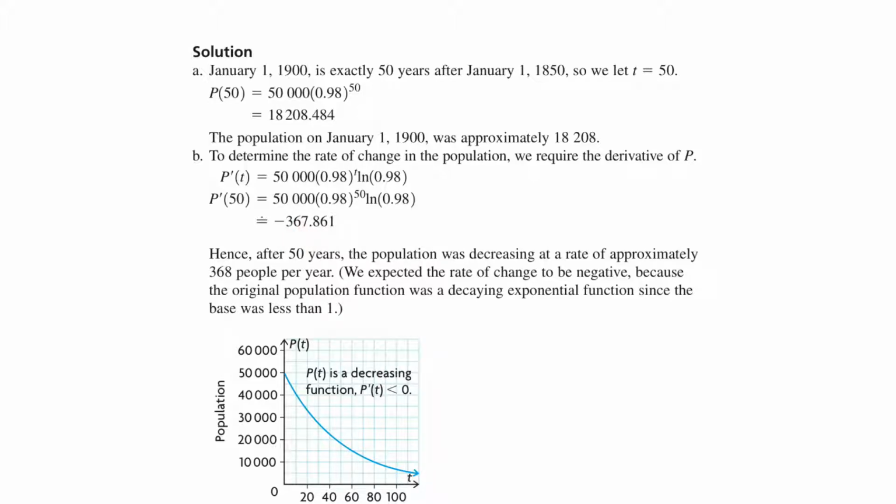That means the population of the town is decreasing at approximately the rate of 368 people per year. As we know, the function is decreasing and the population of 50,000 is the maximum of the population.